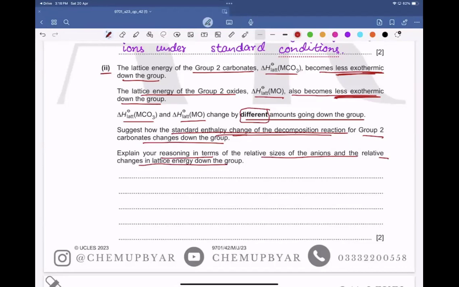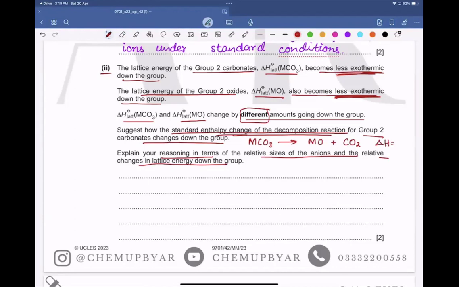So just how the standard enthalpy change of decomposition reaction of group 2 carbonates changes. It means they are here talking about this reaction, when metal carbonate on heating turns into metal oxide and carbon dioxide. That's what they have been asking for, its enthalpy change.